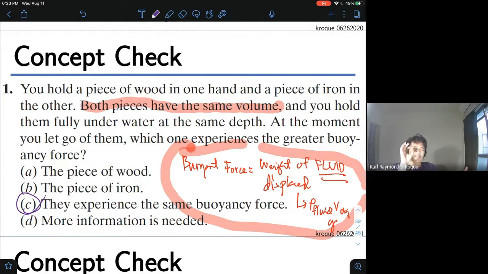Kahit ano mangyari, Jeremy, Kion, kahit ano man yung laman ng object mo, ang importante kung ano yung nadi-displace niya. You get what I mean?